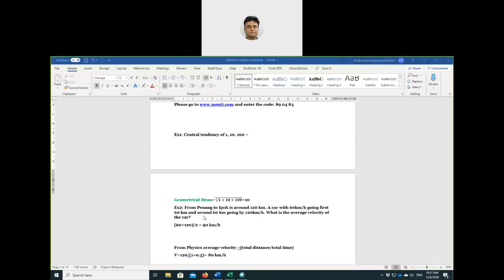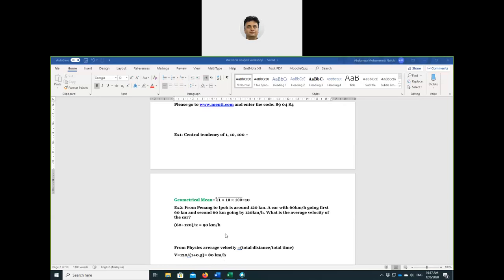Another 60 kilometers we went by 120 kilometers per hour, so we went 60 kilometers in half an hour. So the total time will be 1 plus 0.5, which is 1.5 hours. 120 kilometers divided by 1.5 is equal to 80 kilometers per hour.